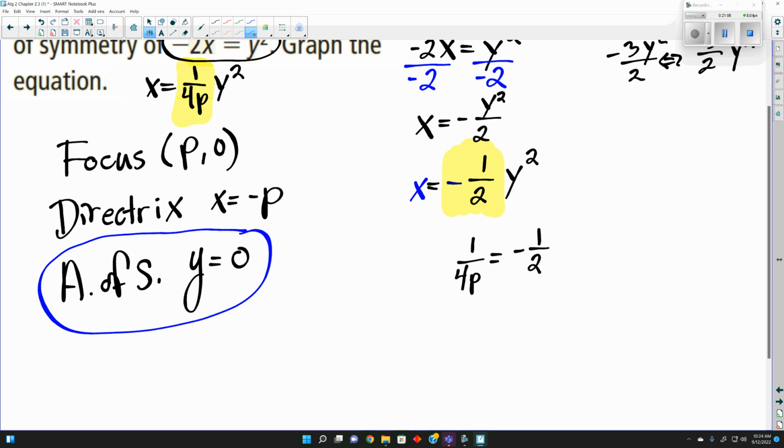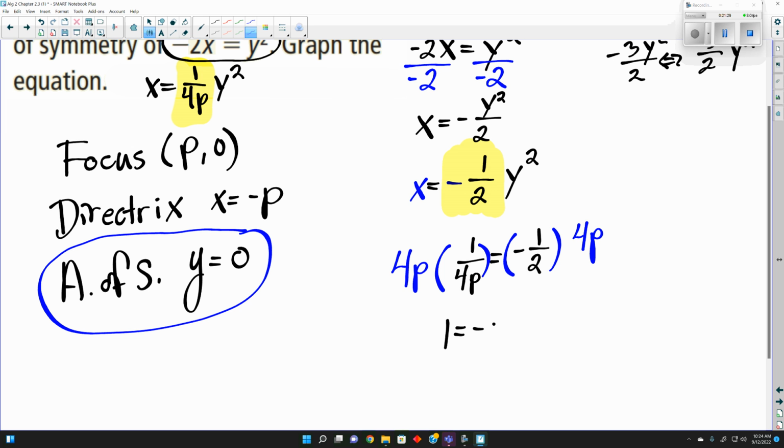Now at this point, we need to do the same thing we did on the last one. We've got to multiply both sides by what? 4P. Because on the left-hand side, 4P times 1 over 4P is 1.